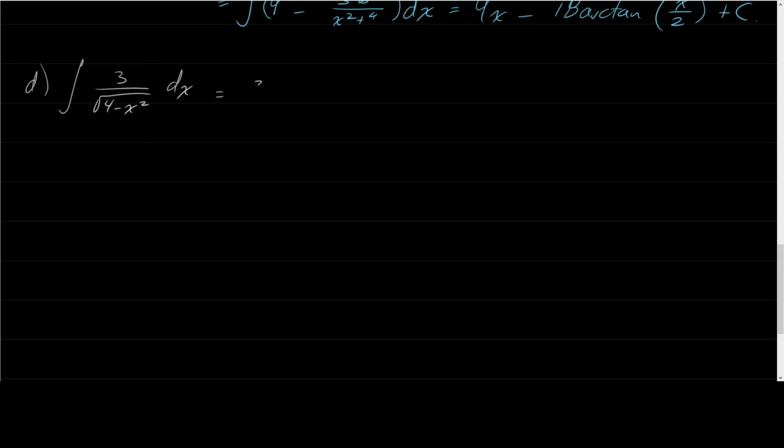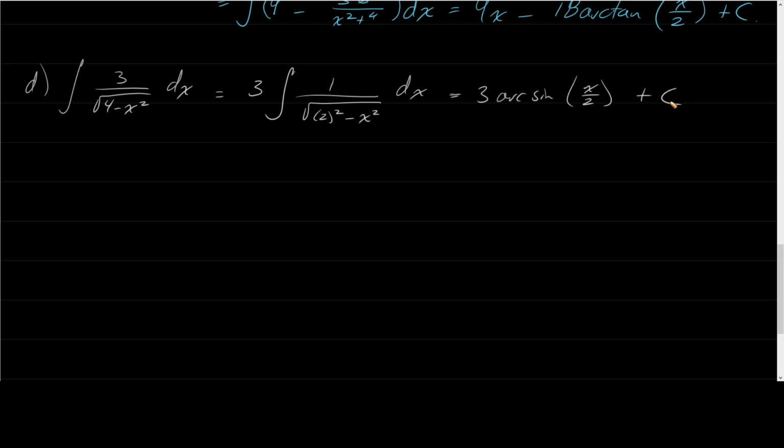So I can rewrite this as 3 times the integral of 1 over the square root of 2 squared minus x squared dx. And that is in the form of arcsine. So in here, what we really have is 3 times arcsine of x over 2 plus c.